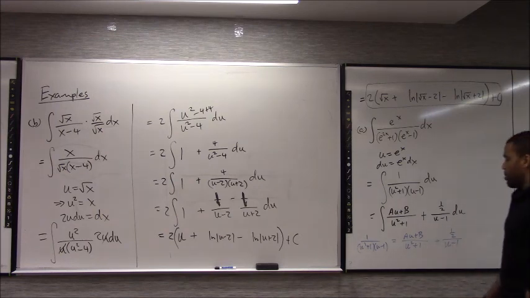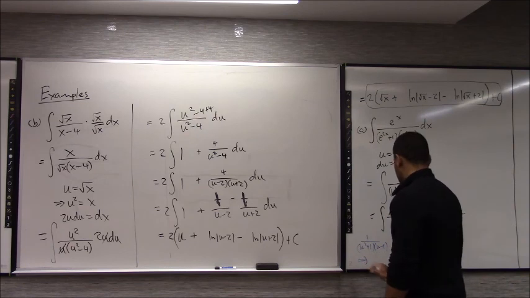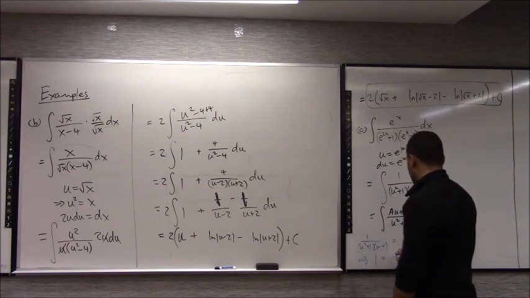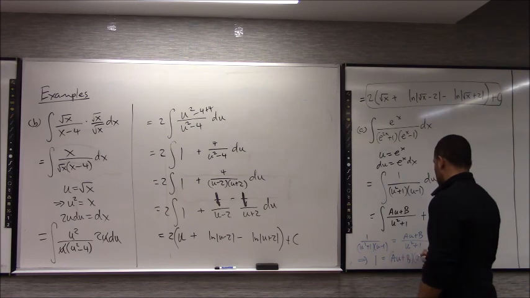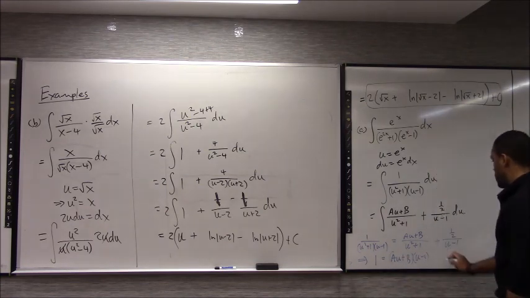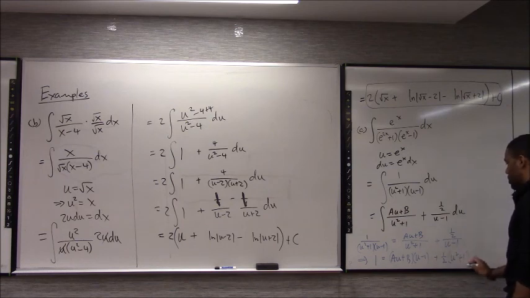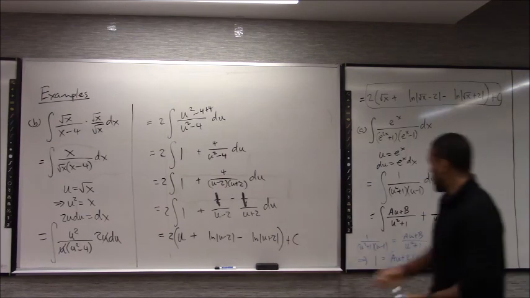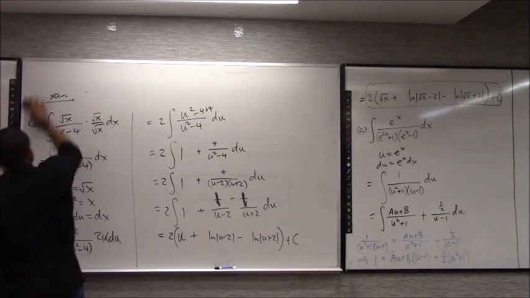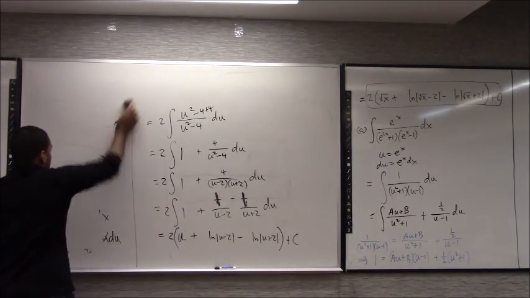Now, of course, you multiply both sides by the denominator on the left, you would end up with 1 is equal to au plus b times u minus 1 plus 1 half times u squared plus 1. Now, how do you want to get to a and b? We have options, but what do you want to try?